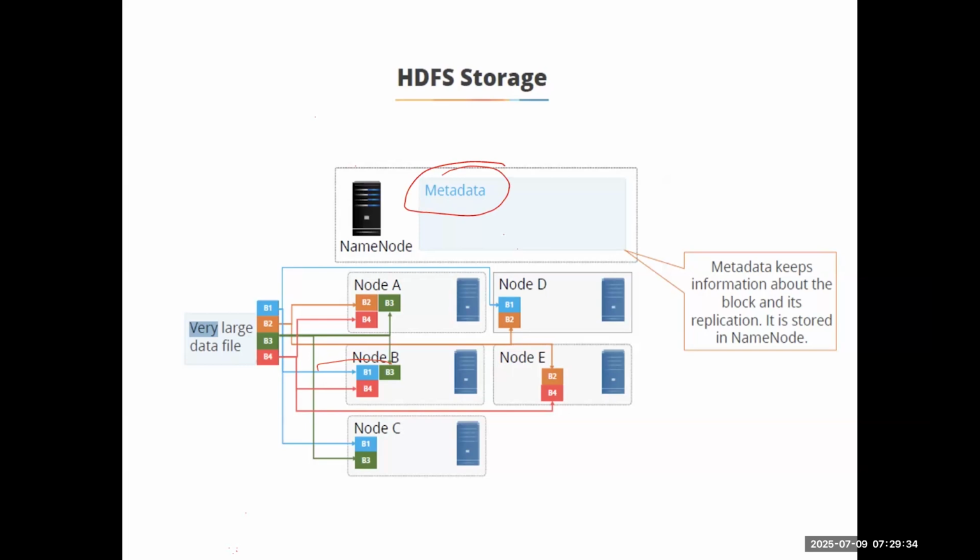It is not the actual data, but the information about the actual data. The name node keeps the information about on which server the data is present, so we call it the metadata. Metadata keeps information about the blocks and their replication, and it is stored in the name node.